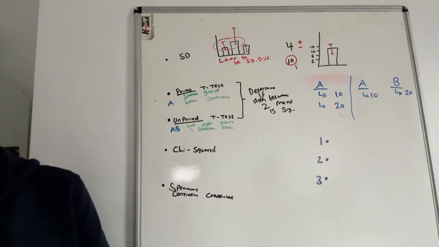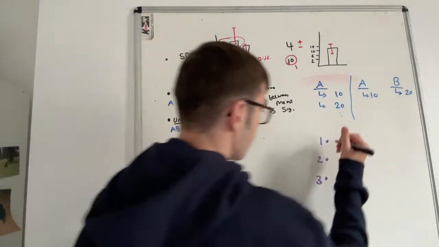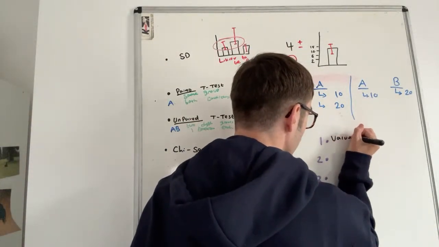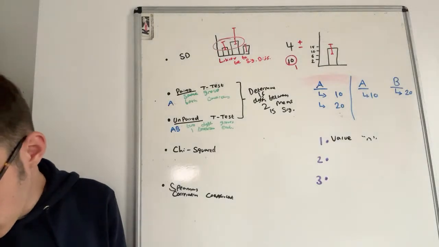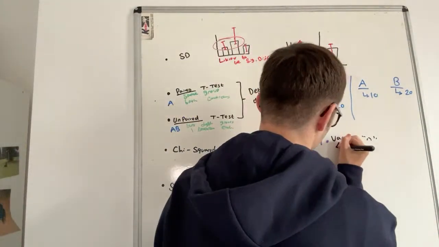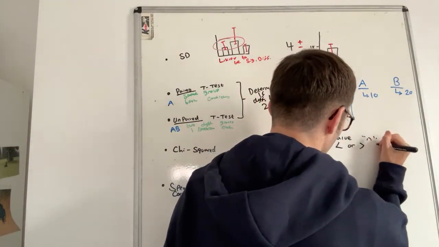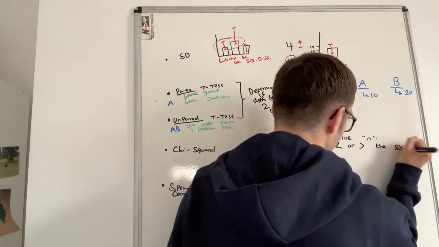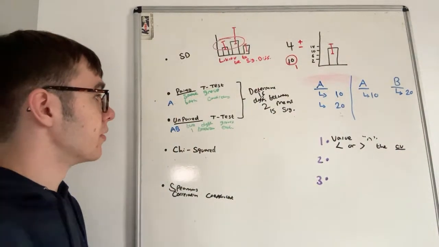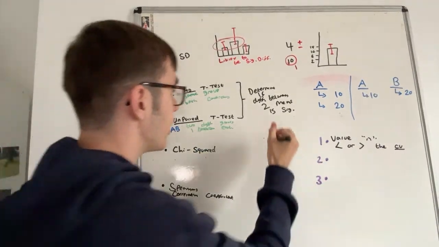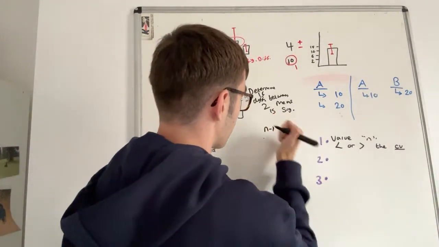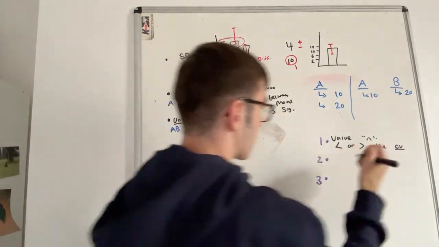Okay, bullet point 1 is saying that the value, we'll just call it n, is greater than or less than the critical value. And critical value can be determined once you've actually done the test. You find it on a table. It's always n minus 1 to get the degree of freedom.